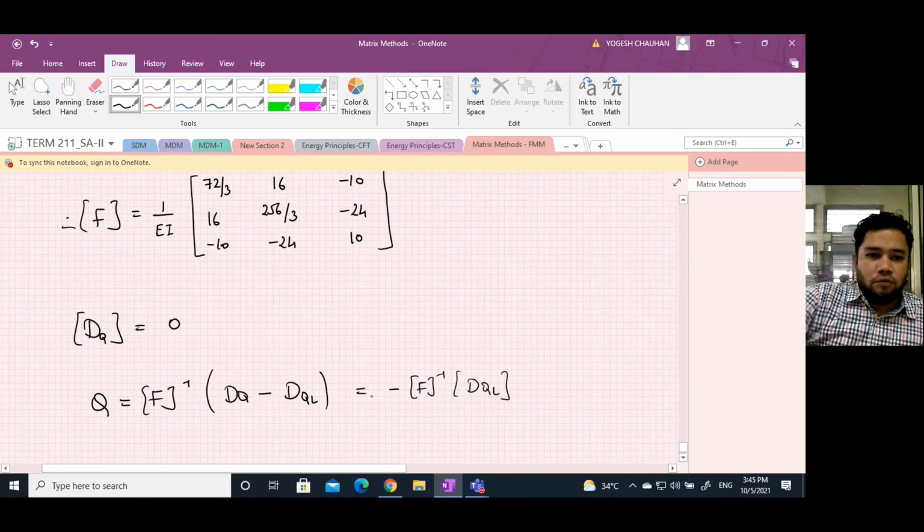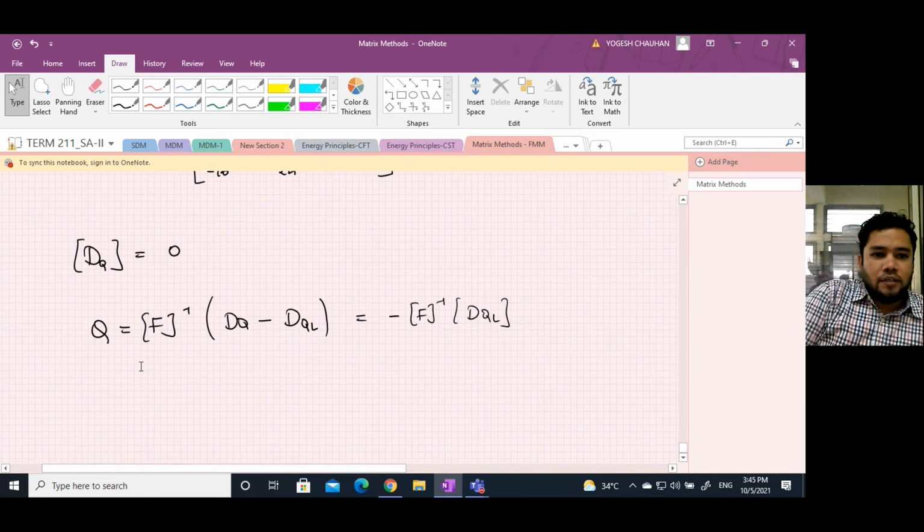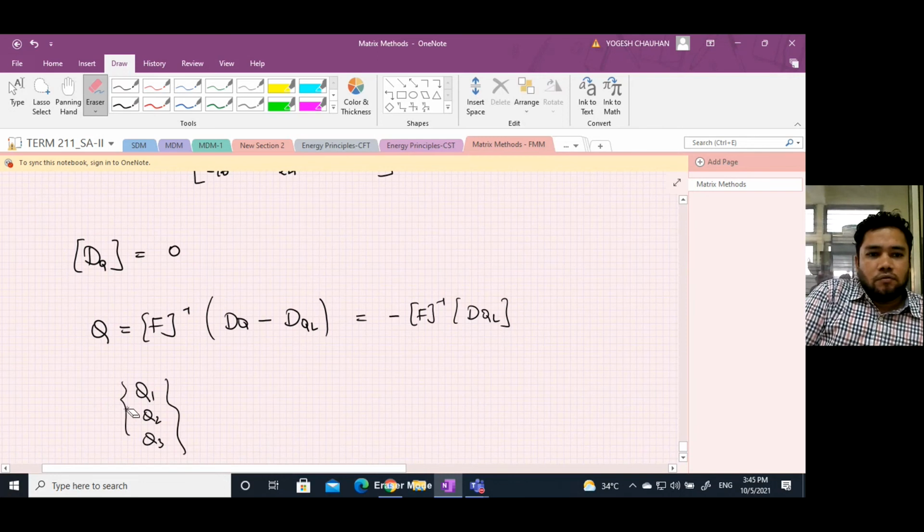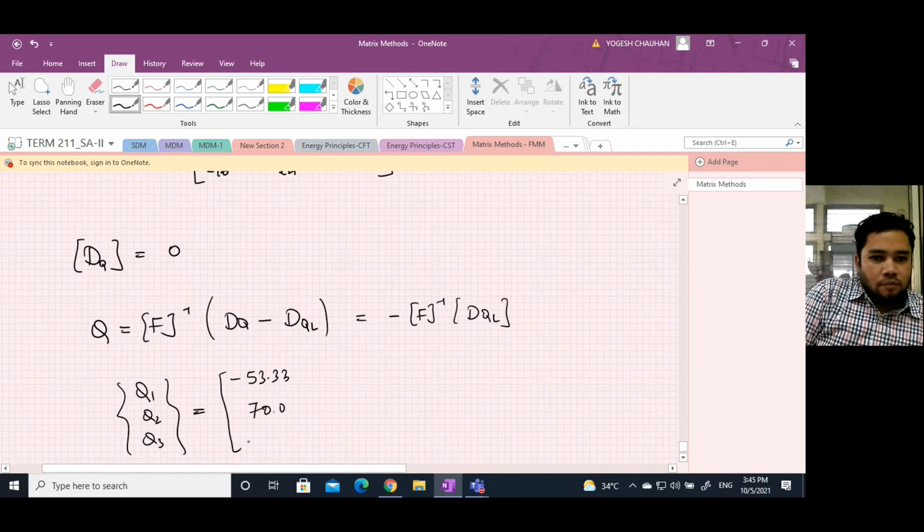So here this is 0, so it will be equal to minus of F inverse times DQL. So if you find this, you will get Q1, Q2 and Q3, which are the components of Q matrix, as minus 53.33, 70 and minus 53.33. Okay, and note that this is the horizontal reaction, so unit will be in kilonewton.